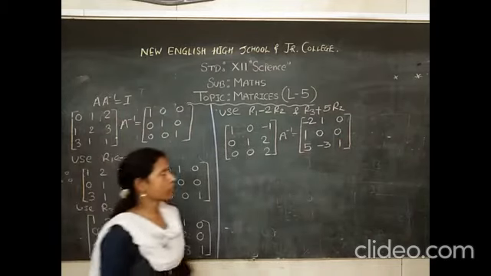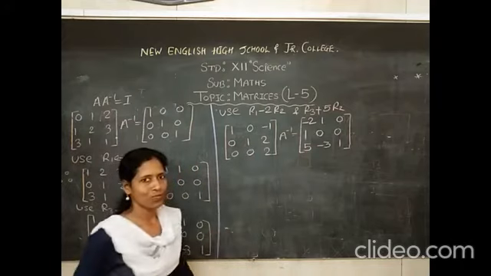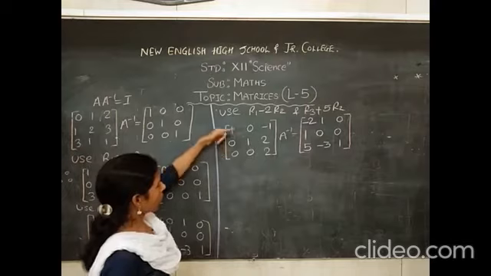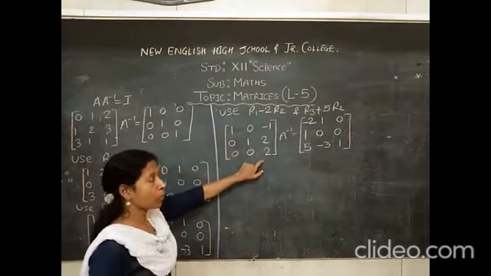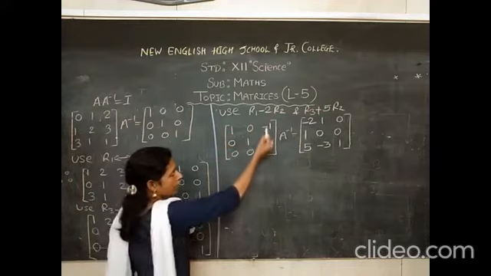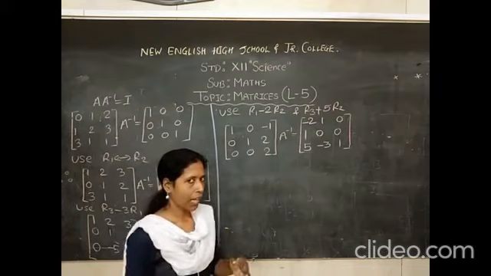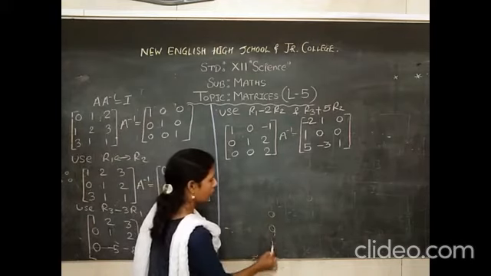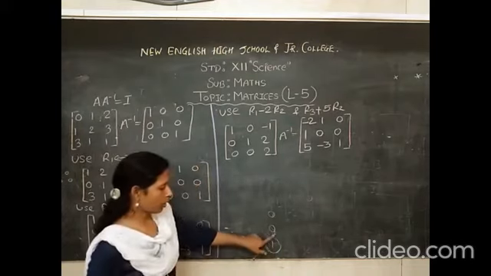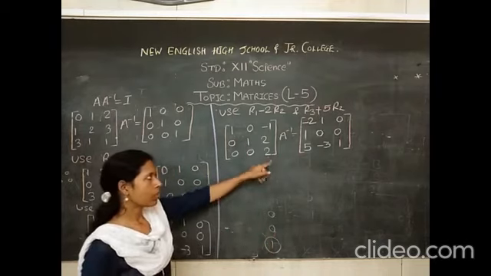Now children, column 2 we have successfully converted in 0, 1, 0. So 1, 0, 0, 0, 1, 0. Now third, I want to convert third column in 0, 0, 1 in this form. First I will give preference to this one, means I want to make 1 in place of 2. Simple.